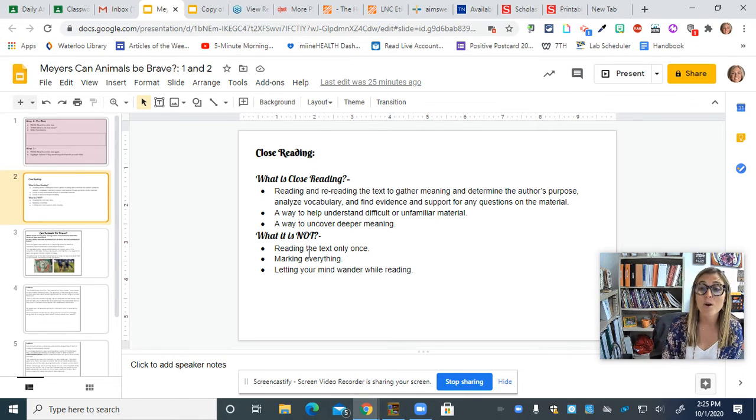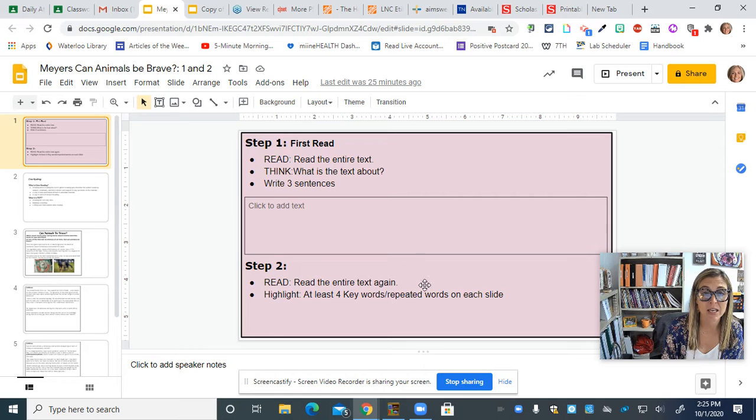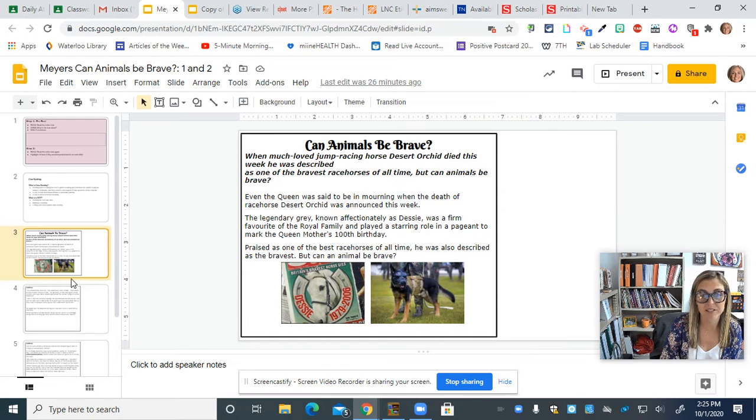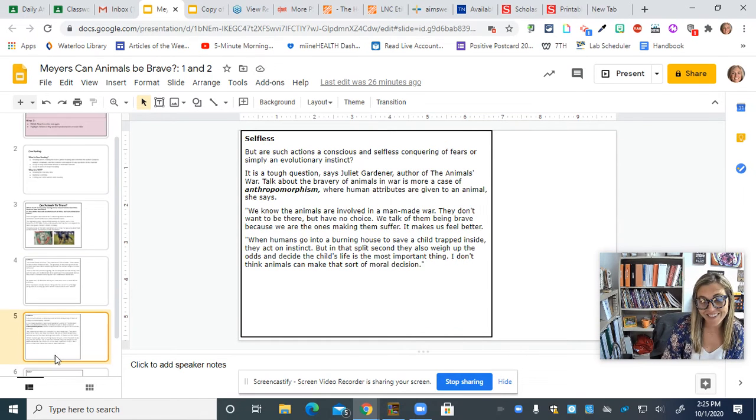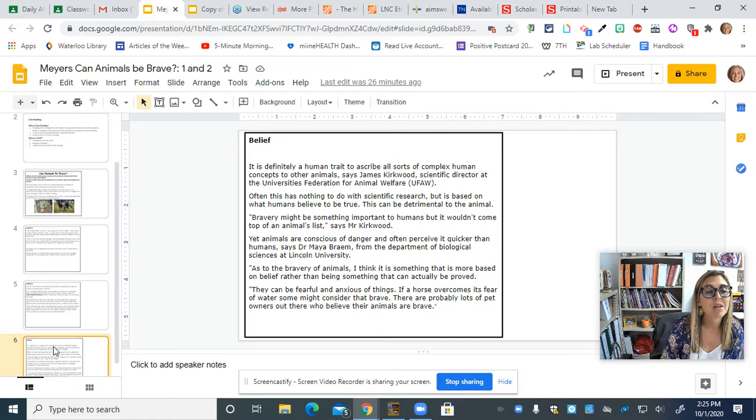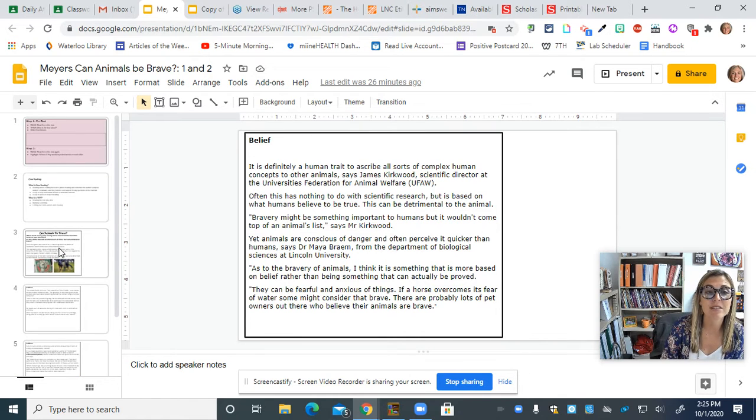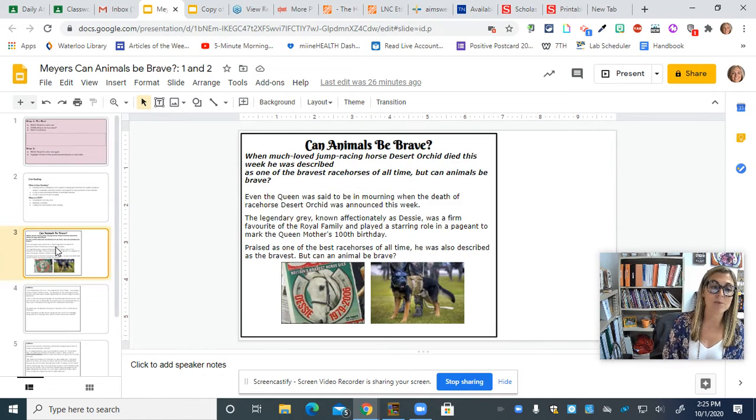All right, we are going to start by looking at this pink first slide, and this tells us the 2 steps that we are going to be doing today. The first is that you're going to read this article, the entire thing. It looks long. I know some of you are like, but it's only 4 slides. There's not a lot of writing on the slide, so I think you're going to be okay. You're going to read this article about whether or not animals really can be brave.